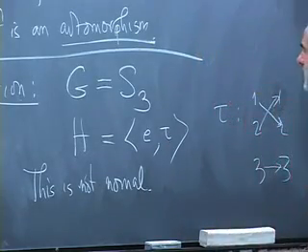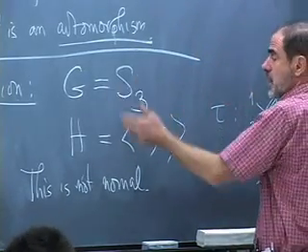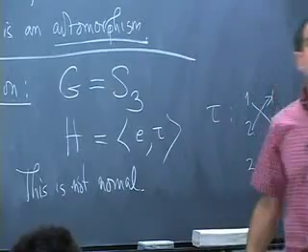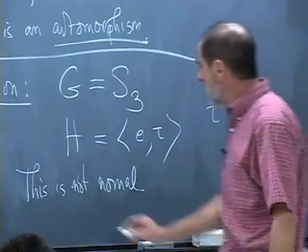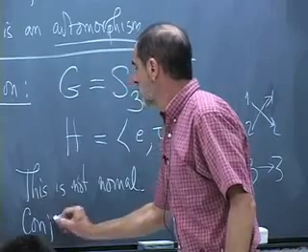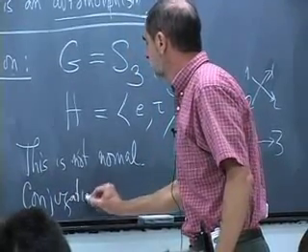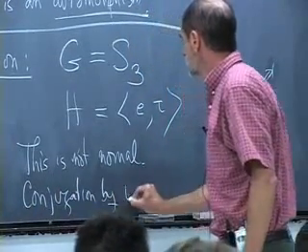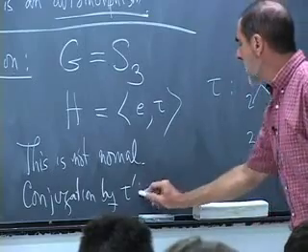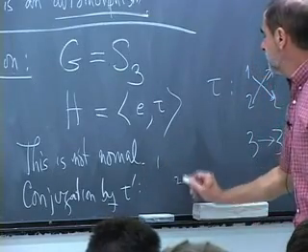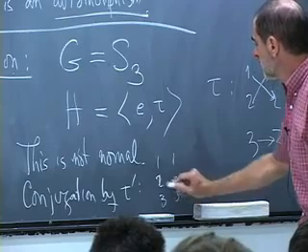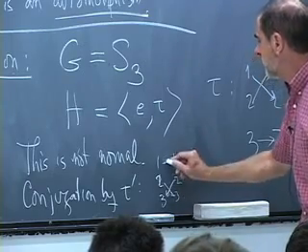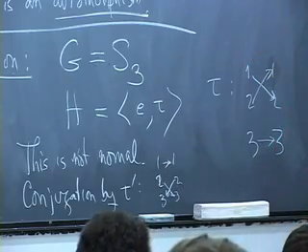So you have to find an element in the group that takes this subgroup outside of itself. Well, let's try conjugation by tau prime, where tau prime is the element that switches 2 and 3 and fixes 1.